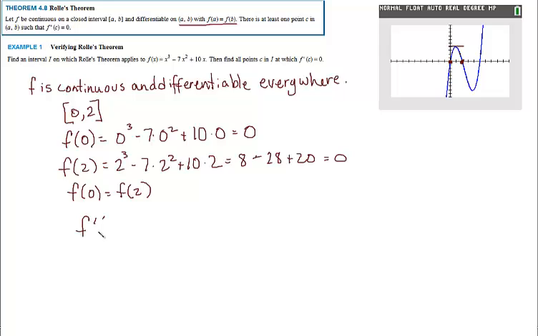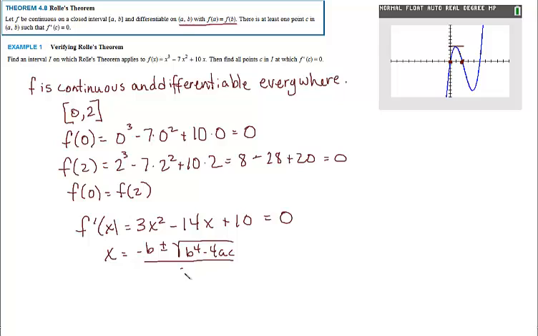f prime of x equals 3x squared minus 14x plus 10. I need to find where this is 0. I look to see if it will factor. It will not factor, so I will have to use the quadratic formula, which is lovely. x equals minus b plus or minus the square root of b squared minus 4ac all over 2a.